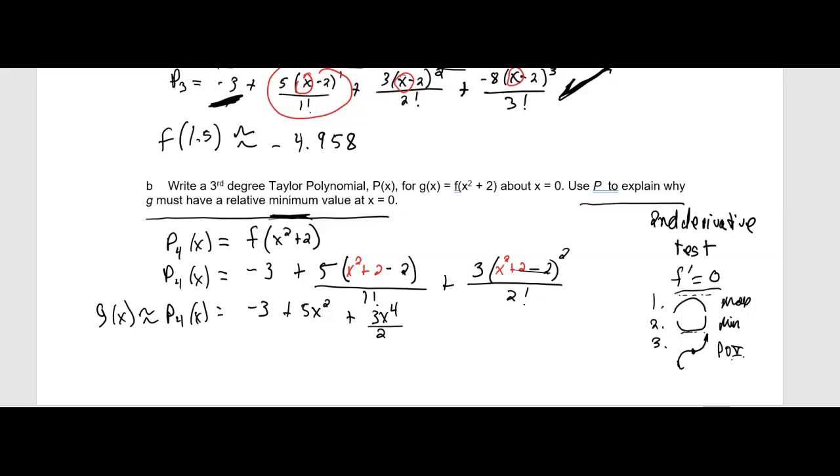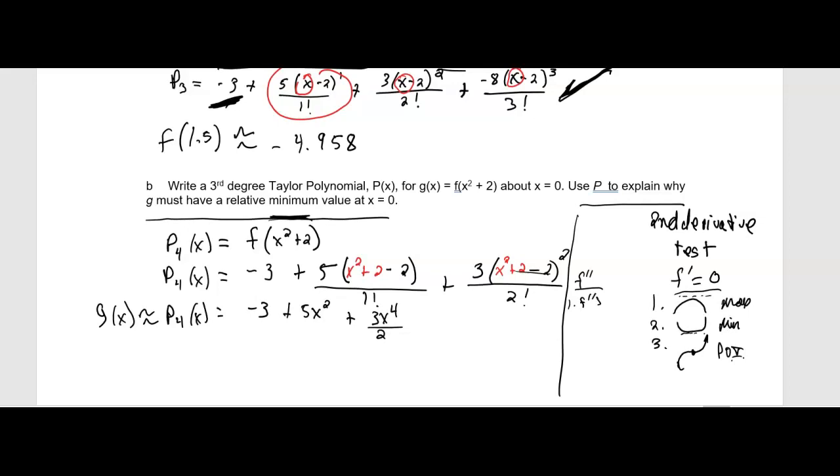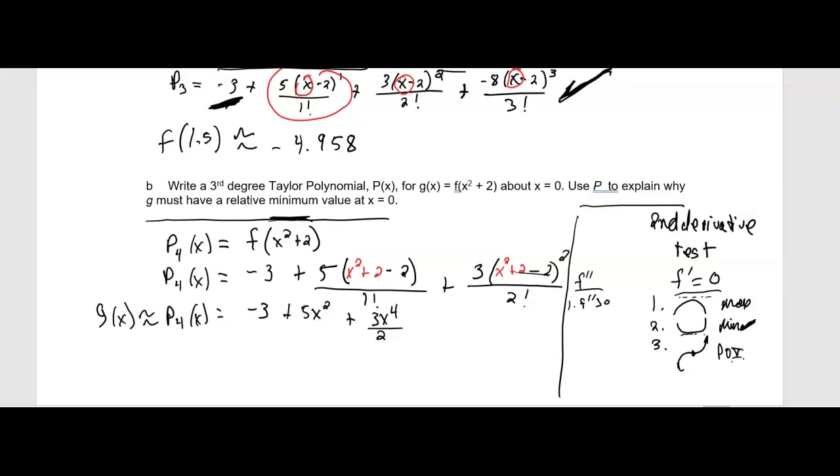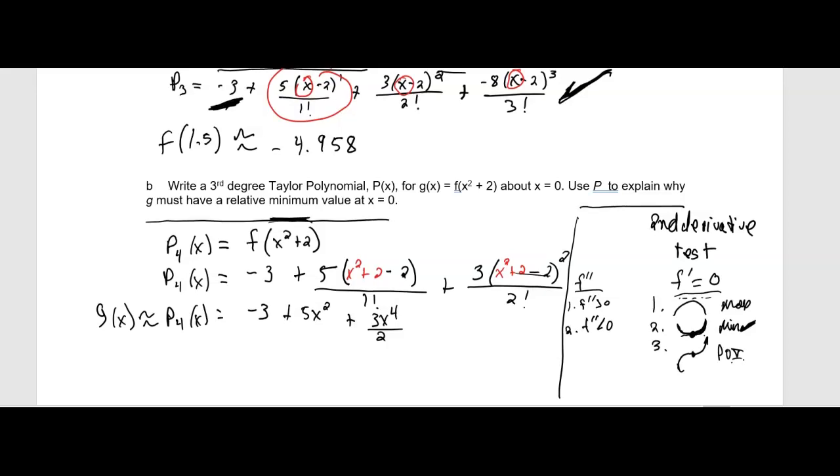So what the second derivative test gets at is the idea that, let me create some space over here, think about what your second derivative means. If our second derivative is greater than 0, that means we're concave up. If we're concave up at that point, then we'd have to be dealing with a minimum, because not only do we have a slope of 0 here, but our graph is concave up at a min. If our second derivative is less than 0, that means you are concave down.